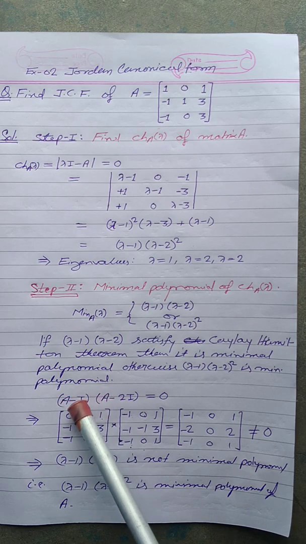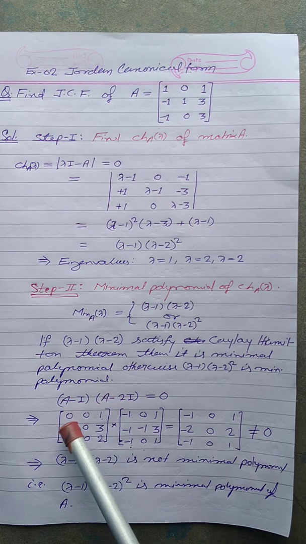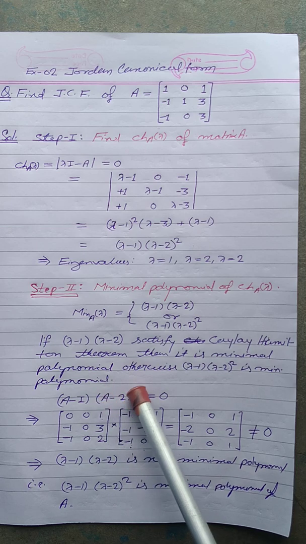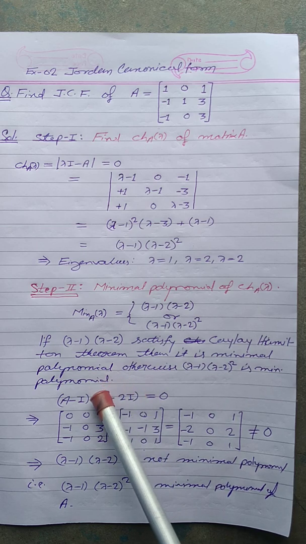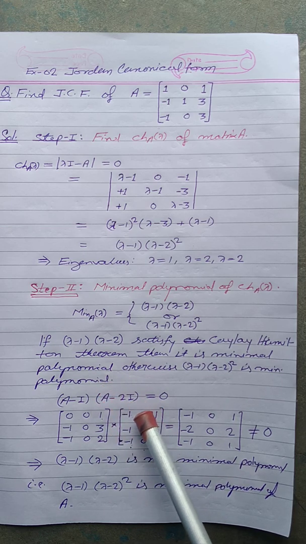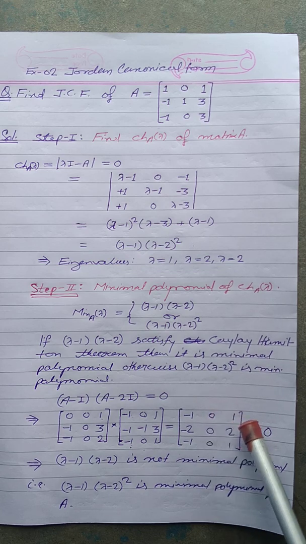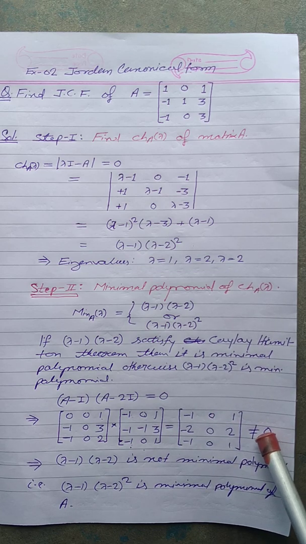A minus I is this. Similarly, the second matrix A minus 2I is this. After multiplying these matrices, we have the matrix which is this, which is not a zero matrix.